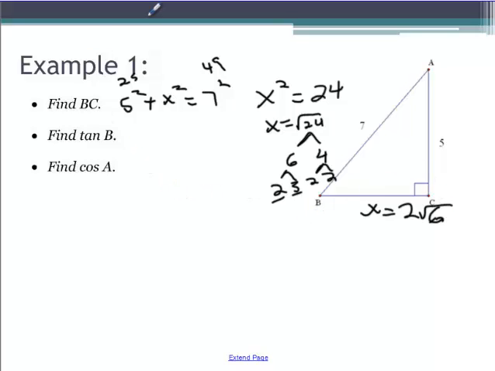Now, part B, find the tangent of B. Tangent is opposite over adjacent. The opposite side from B is 5. The adjacent side is 2 square root of 6. We would be done here except square root of 6 cannot be in the denominator.